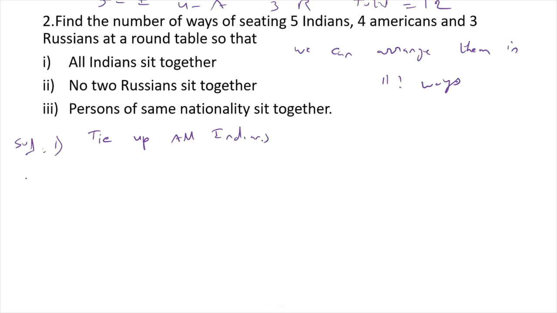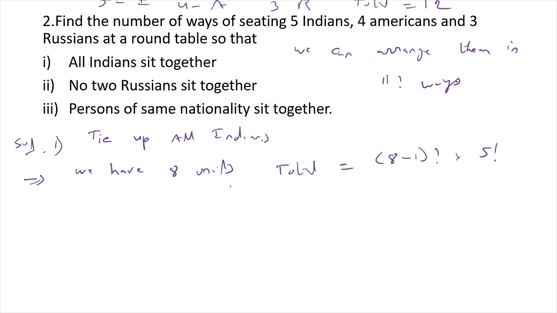Now these 8 units can be arranged, so the total arrangements is equal to 8 minus 1 factorial times 5 factorial.